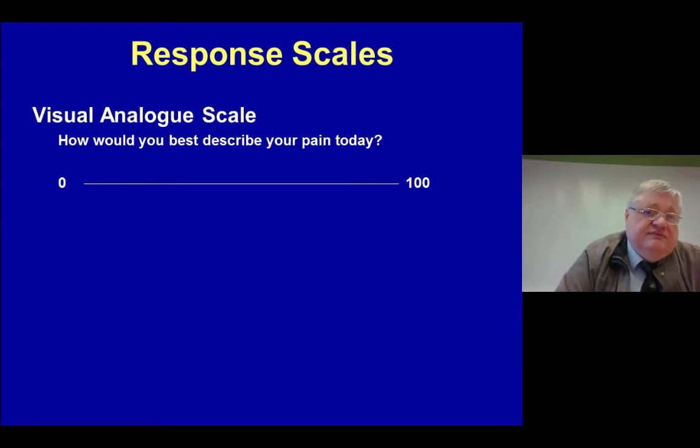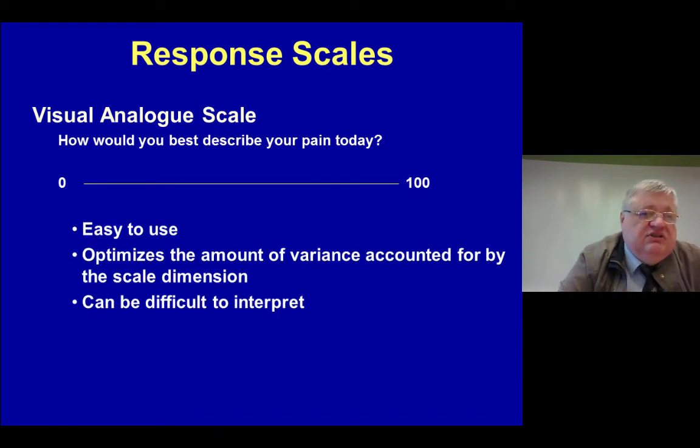So they draw a line. These scales are easy to use, especially when you're dealing with populations like young children, where communication might be an issue, or people from different ethnocultural backgrounds who do not have English as a main language.